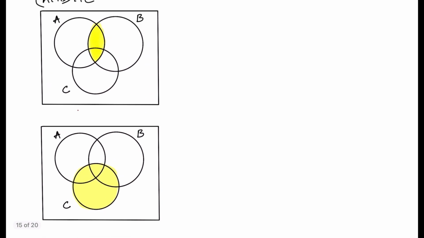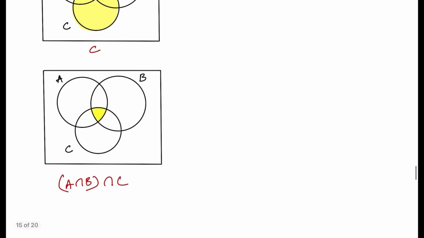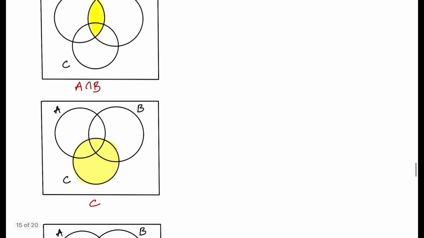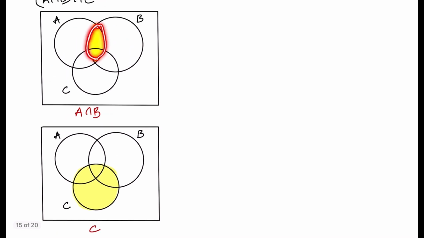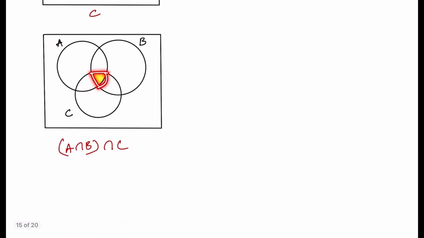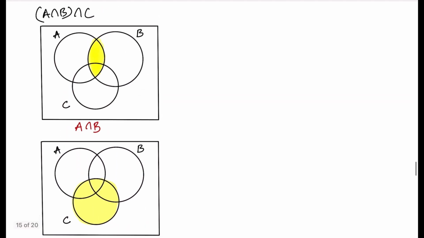So this shaded region is actually A intersection B. This shaded region is actually C. This shaded region is actually A intersection B intersection C. What was the approach to draw the Venn diagram?